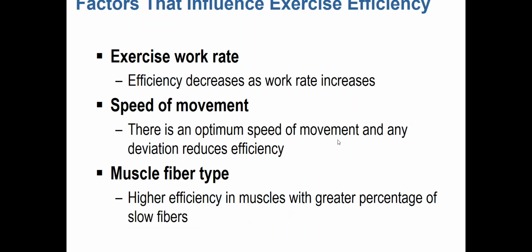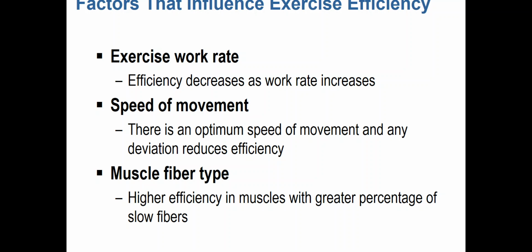Okay, so exercise efficiency is important to understand because it's going to vary from individual to individual. There are a lot of factors that influence your exercise efficiency, and these are the work rate of the exercise, the speed of the movement, and also the muscle fiber type, which is ultimately influencing your exercise metabolism.